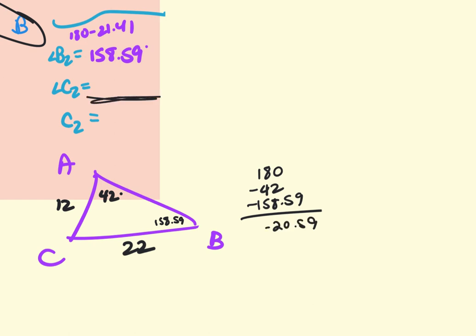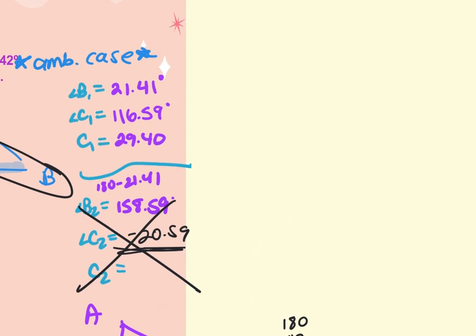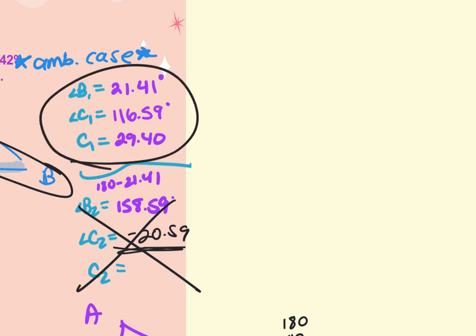If that third angle is negative, then I rule out my second triangle, and this scenario just has the first triangle. If that angle was positive, now I know there's a second triangle, and I would finish it out. I would then find that last side.